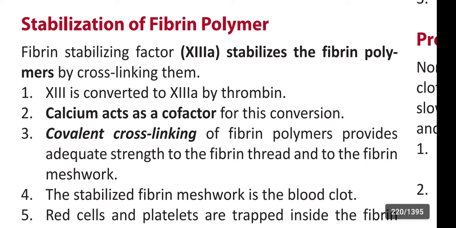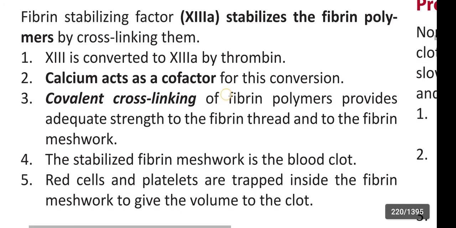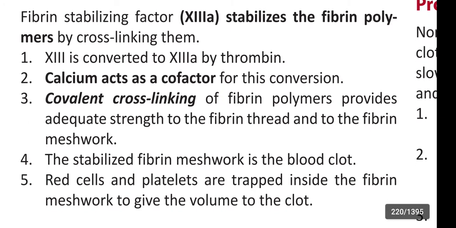Calcium acts as a cofactor for this conversion. Covalent cross-linking of fibrin polymers provides adequate strength to the fibrin thread and to the fibrin meshwork. The stabilized fibrin meshwork is the blood clot. Red cells and platelets are trapped inside the fibrin meshwork to give the volume to the clot.